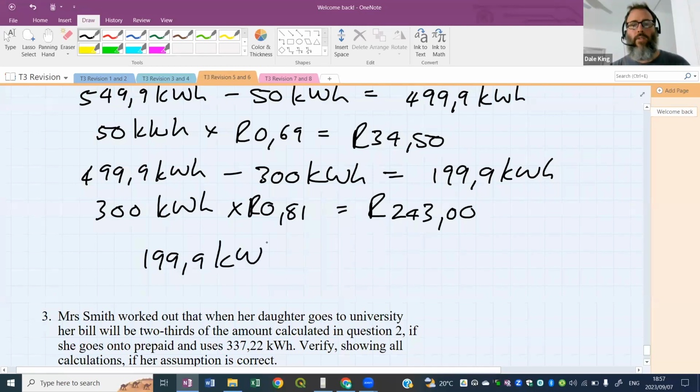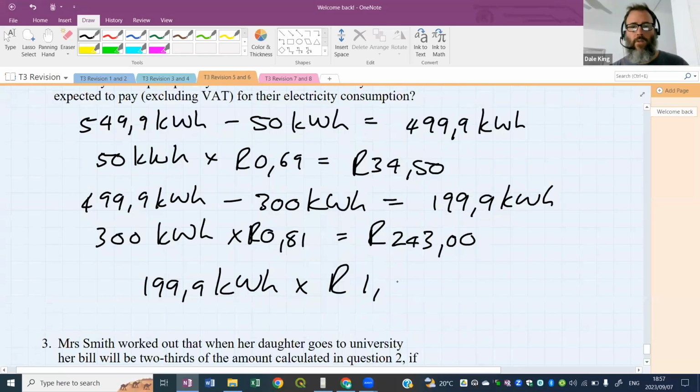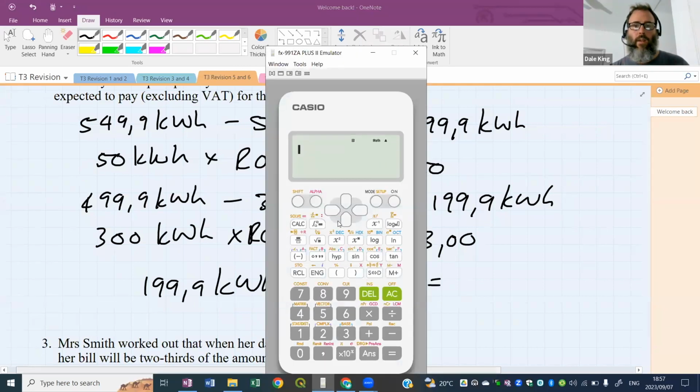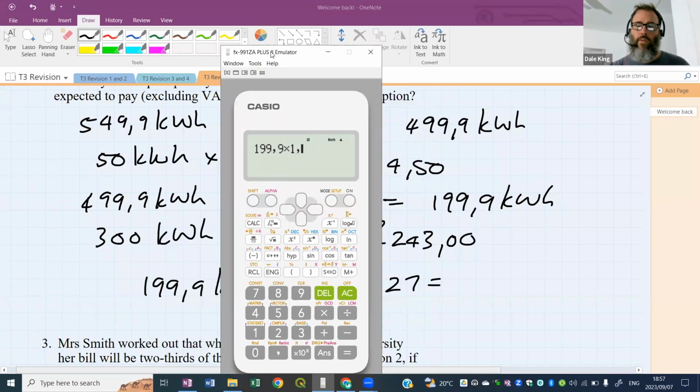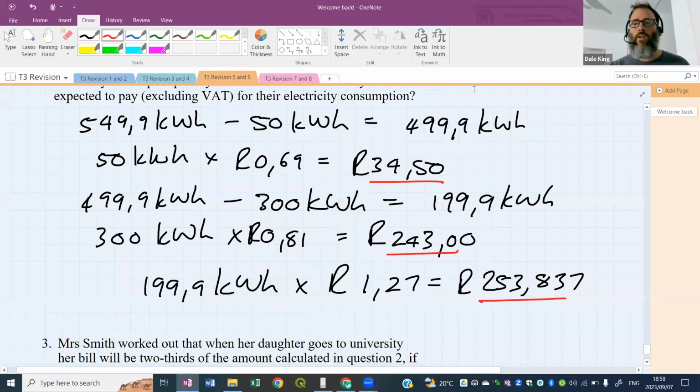This is all I have left, and I'm stuck in the last bracket, which charges at 1 rand 27. 199.9 times 1.27 is 253.873. And then we add these three totals up to get the final answer.